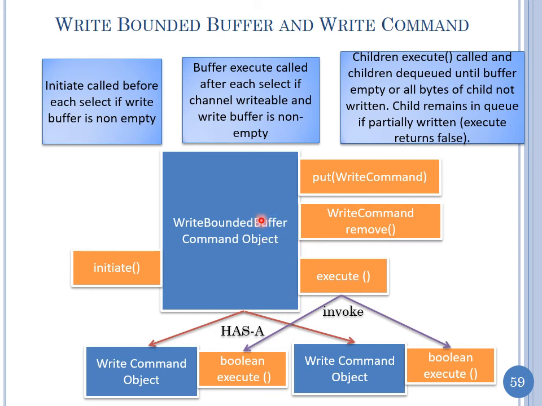But if it is not processed successfully, it remains in the queue. And like I said, the execute command executes the execute command of each write object. If that execute method returns true, it dequeues that object and goes to the next write object, and if it returns 0 saying nothing was written, it keeps the object and doesn't dequeue it. Okay.